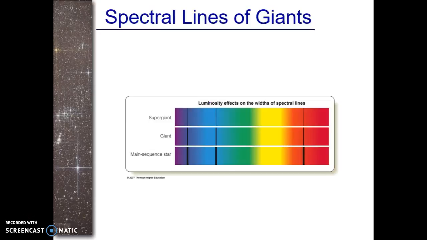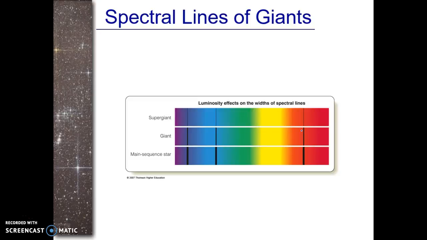Okay, and then the spectral lines of the giants. So here we have a supergiant. Notice how the spectral lines are teeny tiny, very narrow, which means that they're going to be huge, less dense. Okay, if they're less dense, they have less collisions. If they have less collisions, that means that there's not a lot of gas, the gas isn't really close together, which means it's spread out.